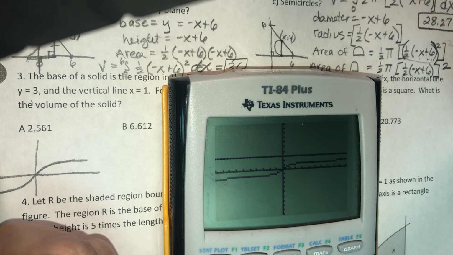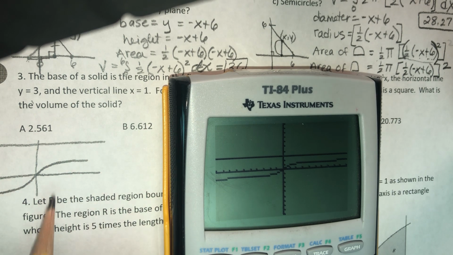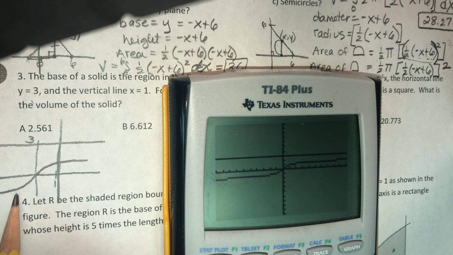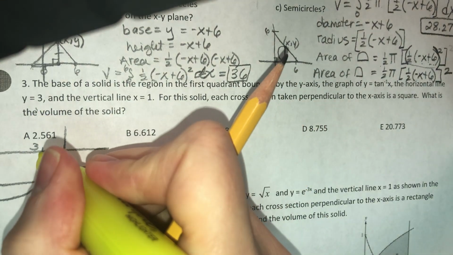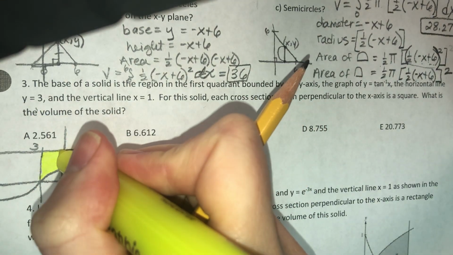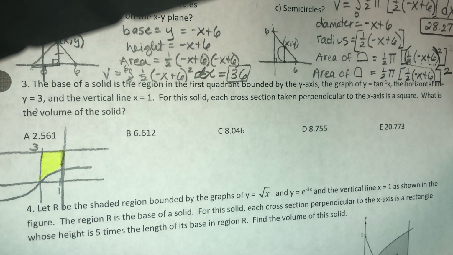And then the line y equals 3 is up above it. And x equals 1 is right here-ish. Kind of missed it. So here's 1, here's 3. So we're talking, let me get my little highlighter. We're talking about this region right here. This is the base of the solid.